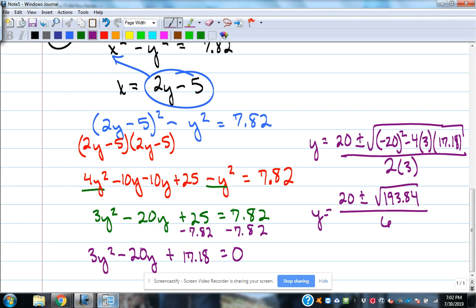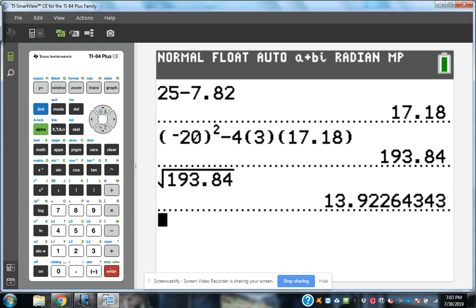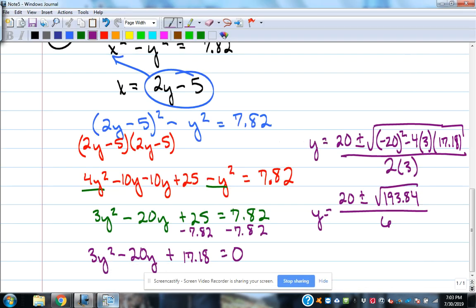And I'm fairly certain 193.84 doesn't have a good square root. It doesn't. 13.92 is what it is. So we have 20 plus or minus 13.92 over 6. What I'm going to do is get a decimal approximation for each of those and then plug that back in to this problem for y and get x.